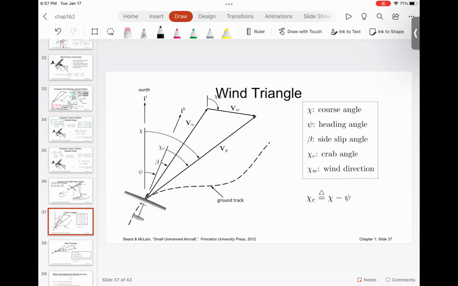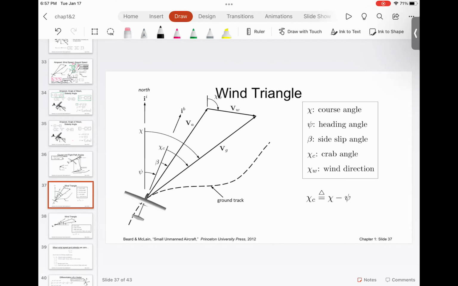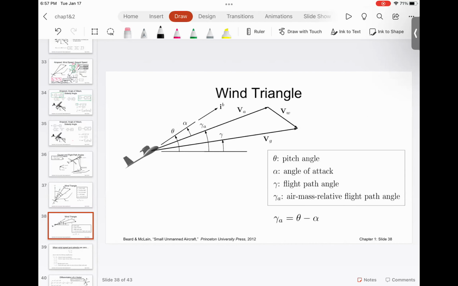So the vehicle has to crab in. So you have the course angle, the heading angle, the side slip angle, and the crab angle. These are the main aircraft angles.